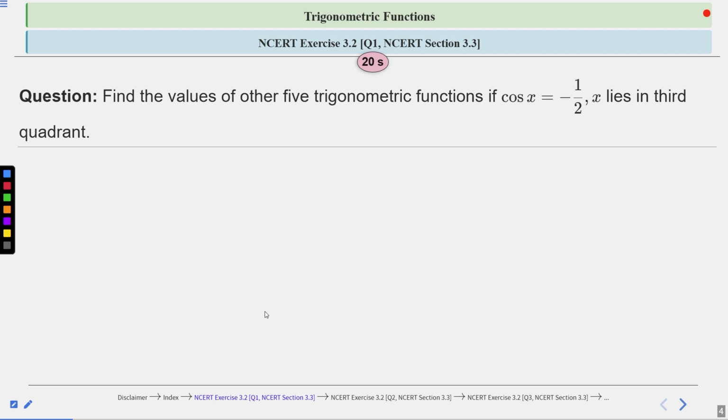Okay, you have some time to solve or think about this question. After that, we will move to the solution part.